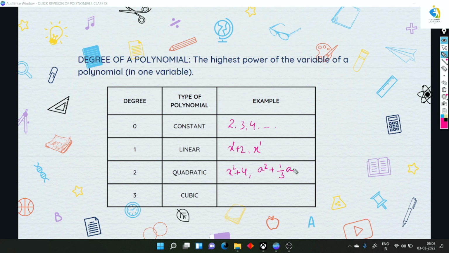This is again a quadratic polynomial. Cubic will be, let's say, 4x cube, where the power has to be 3. 5x cube plus 3 plus x, whatever. So the highest power has to be 3. I hope this is clear. This is your degree part. Now let's move on further.